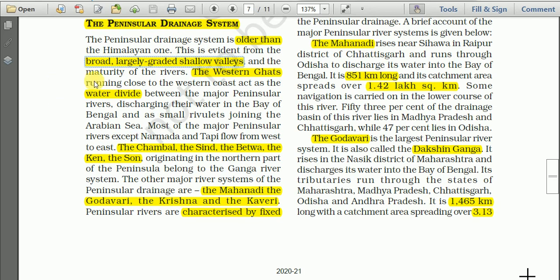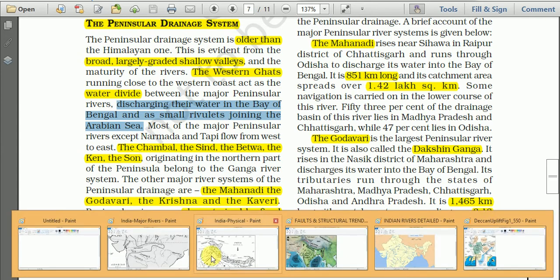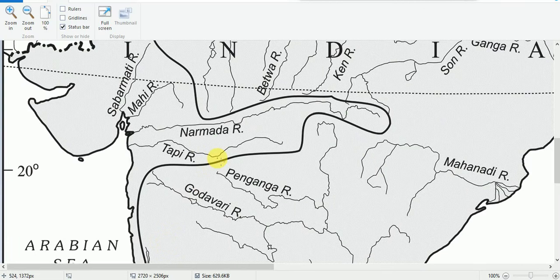The Western Ghats running close to the western coast act as the water divide between the major peninsular rivers, discharging their water in the Bay of Bengal, and a small rivulet joining the Arabian Sea. For this, we may see this map from your textbook. I think you are seeing a thick line here.